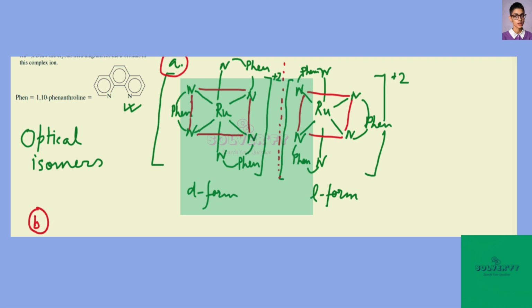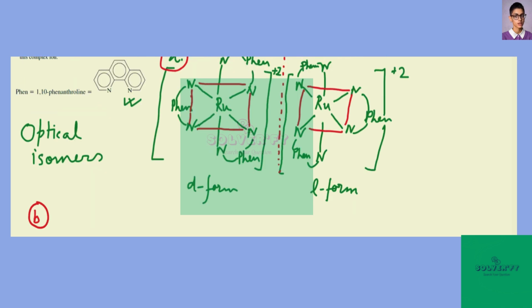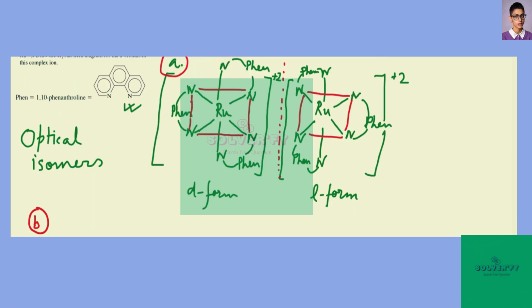In the B part, the question is that this whole complex is diamagnetic, and draw the crystal field diagram for the d orbitals when it is diamagnetic and the central atom is at +2 oxidation state.